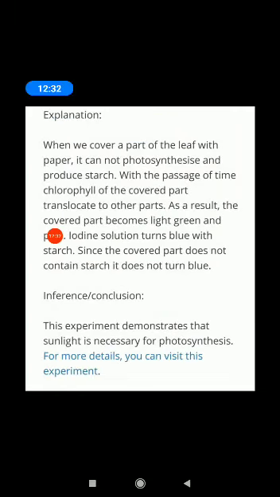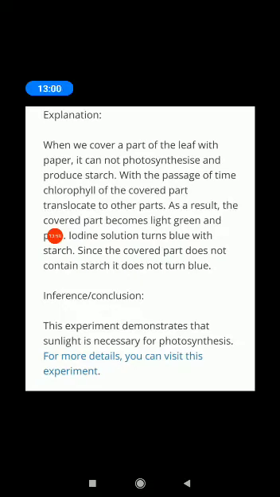Next, explanation. Listen. When we cover a part of the leaf with paper, it cannot photosynthesize and produce starch. With the passage of time, chlorophyll of the covered part translocates to other parts.